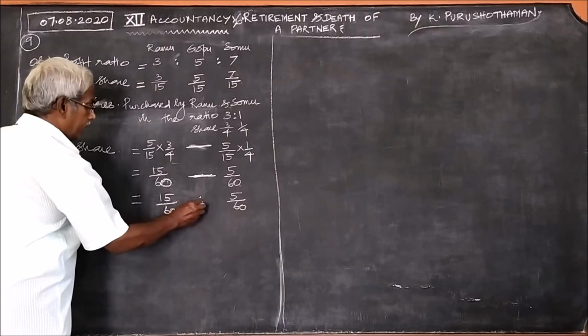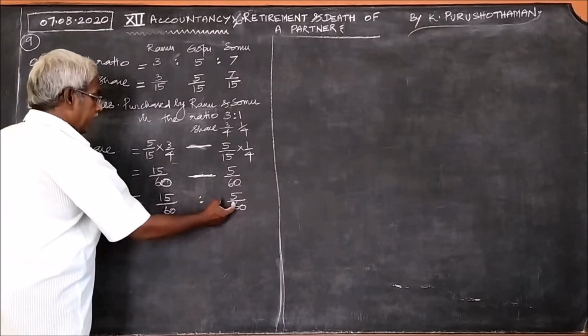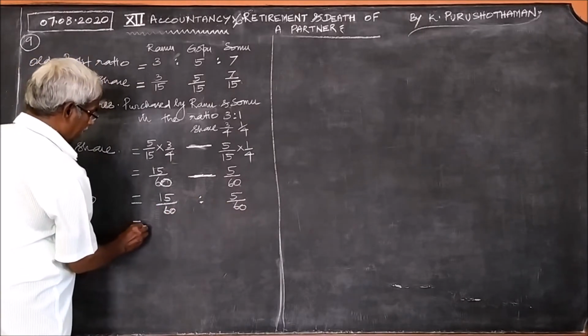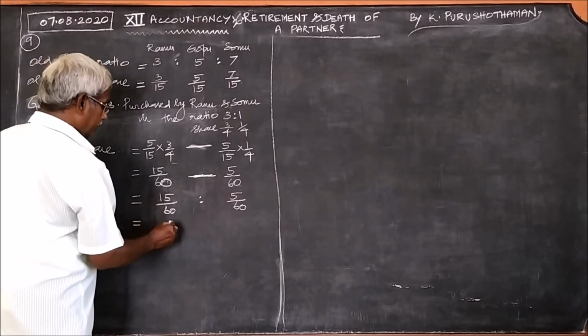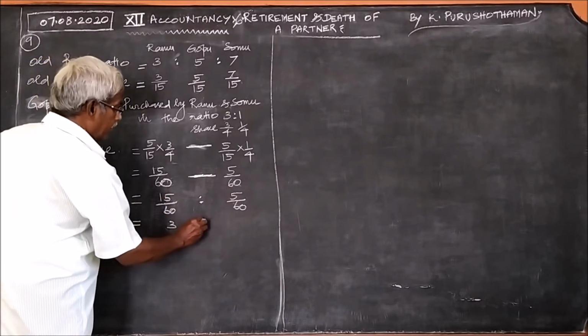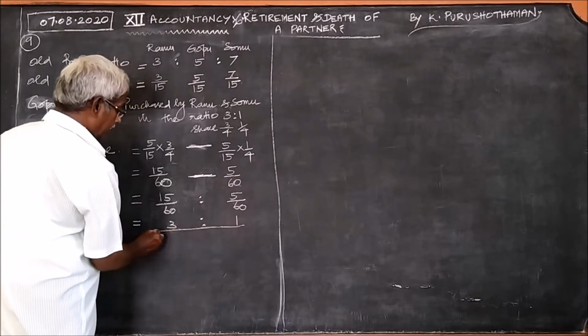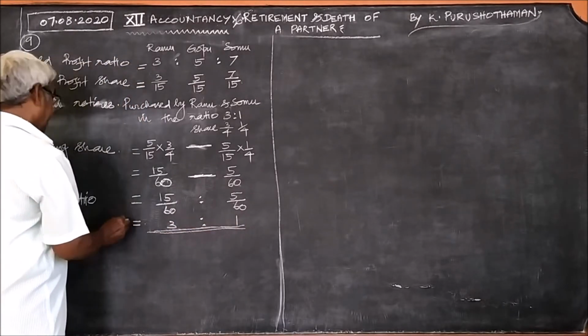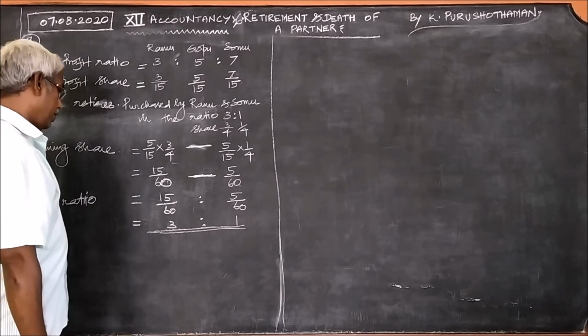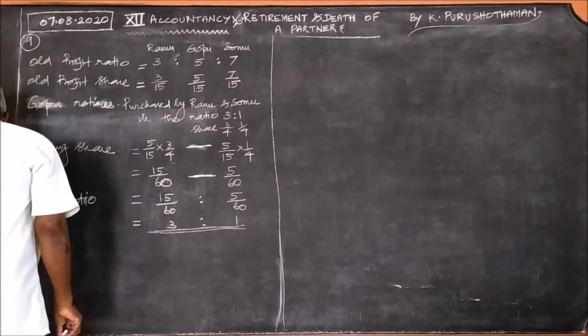Same denominator, therefore we can leave the denominator and simplify these two. 3 5s are 15 and 1 5 is 5. This is the gaining ratio, 3:1.